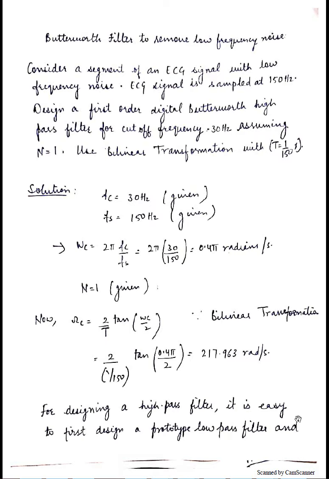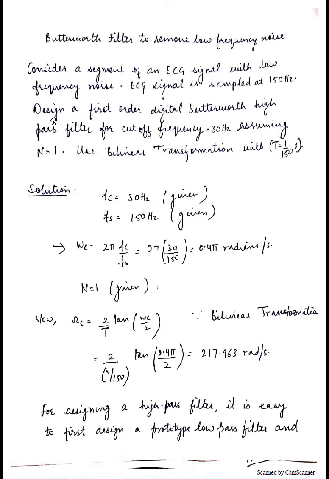low frequency noise. For that, just check the question. Consider a segment of an ECG signal with low frequency noise, and the ECG signal is sampled at 150 Hertz. So what is our objective?